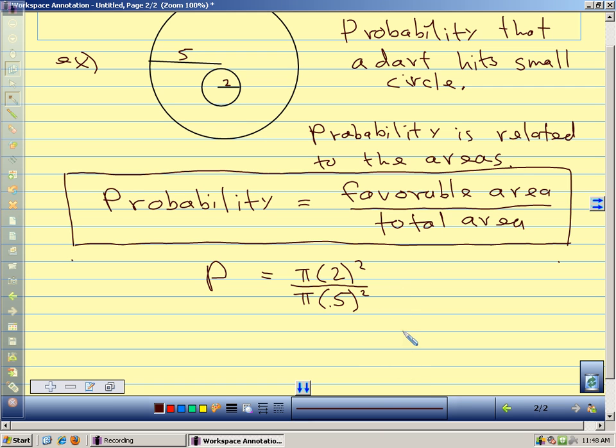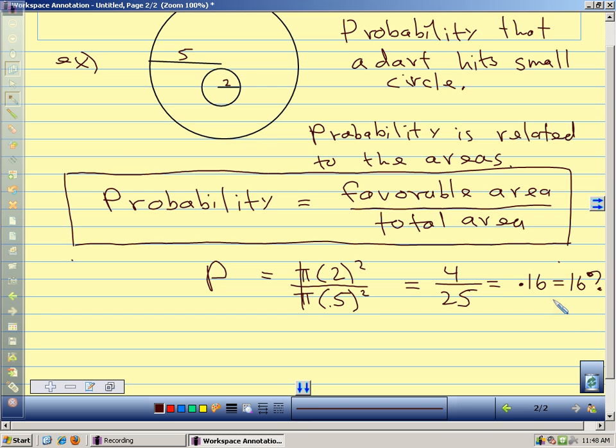What happens to the pi's? They cancel out. Pi divided by pi is just 1. So we get that the probability is 4 over 25. And if we write that as a decimal, that's 0.16 or 16%.